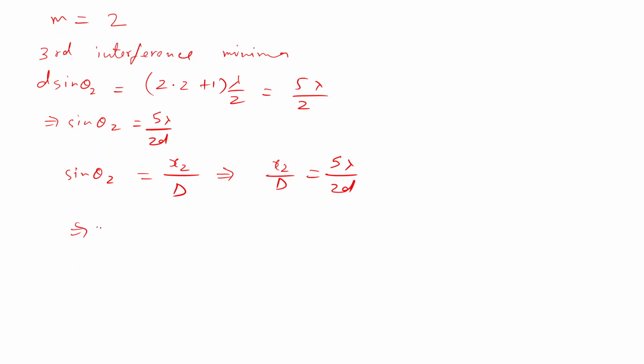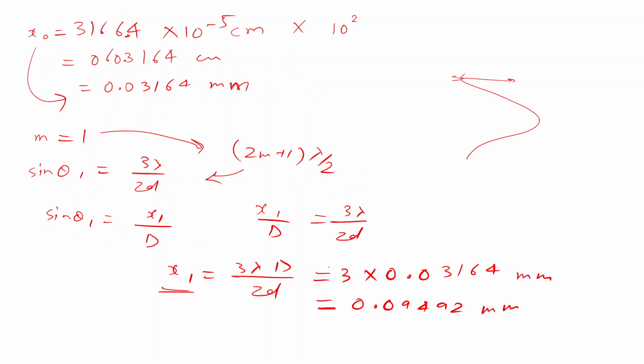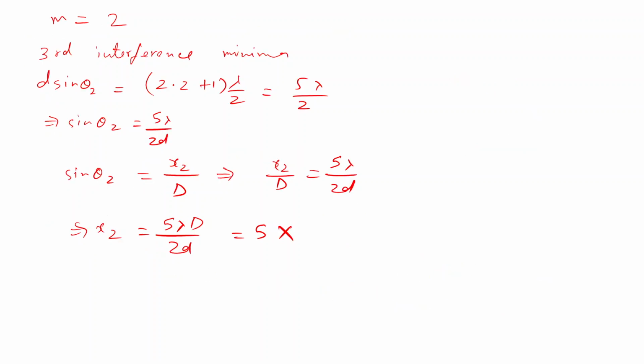From this, x2 will be 5 times lambda D by 2d, which is 5 times 0.03164 millimeter. That is 0.1582 millimeter will be the position.